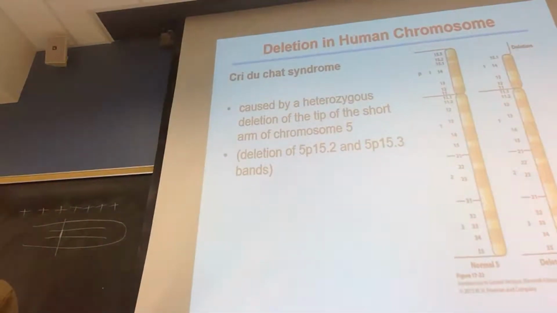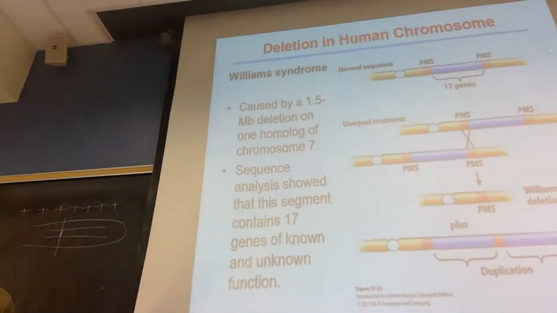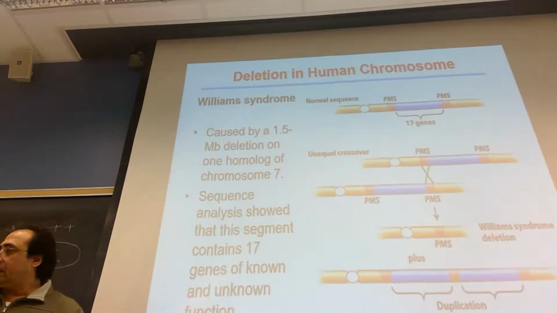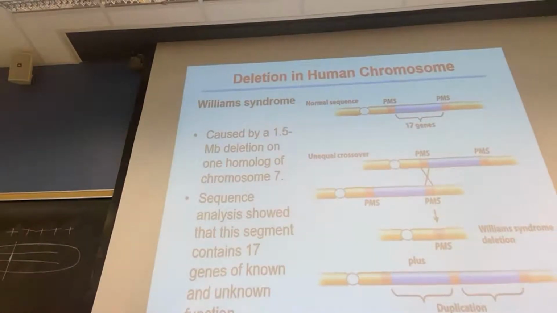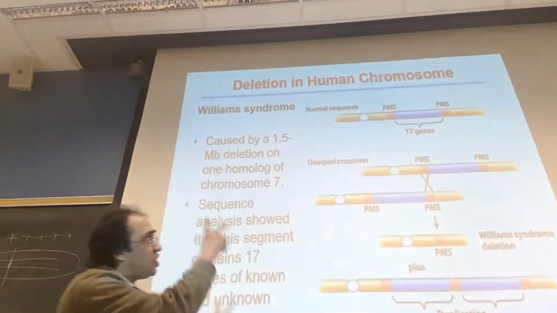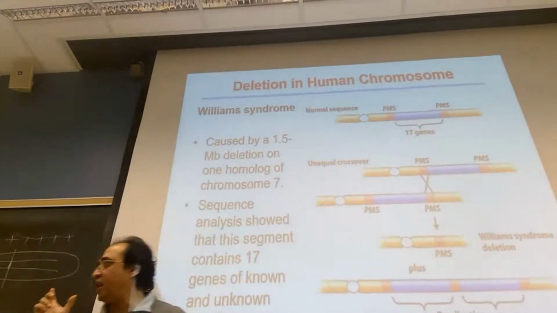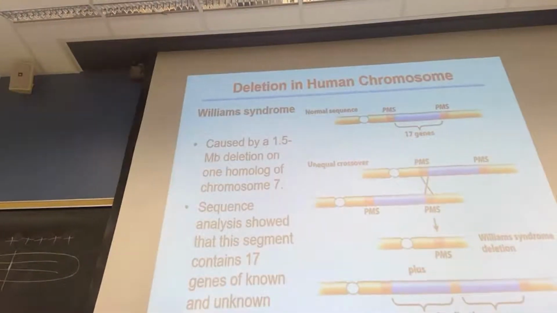Those genes are missing. Another is Williams syndrome. What is happening here? There are two PMS genes, and PMS actually codes for a DNA repair protein. In between the two PMS genes, there are 17 genes, and those are normal in the normal condition.